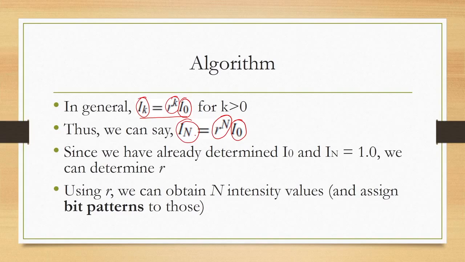Now, here you can notice that the total number of intensity values supported by the device is represented by n plus 1, and I n is the maximum intensity value, I0 is the minimum intensity value.